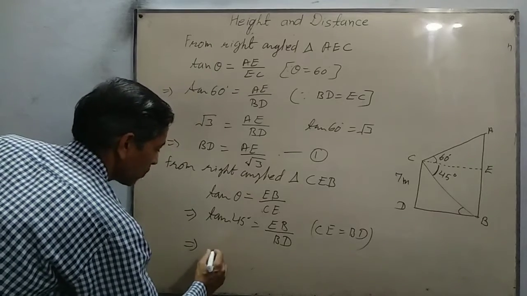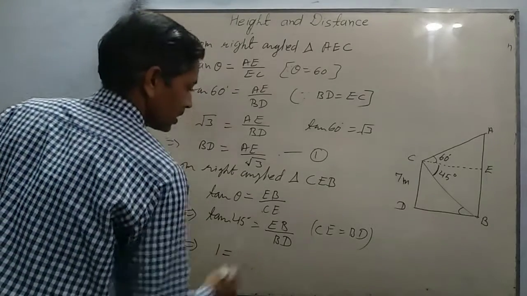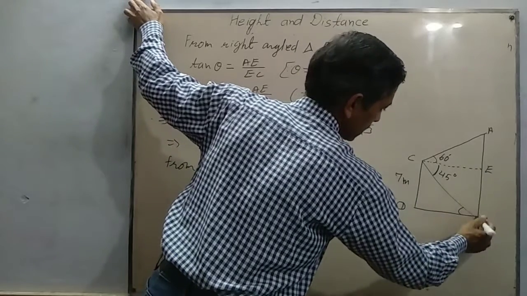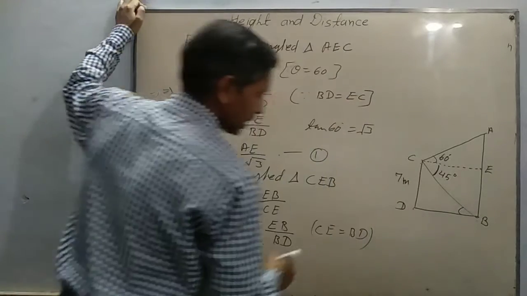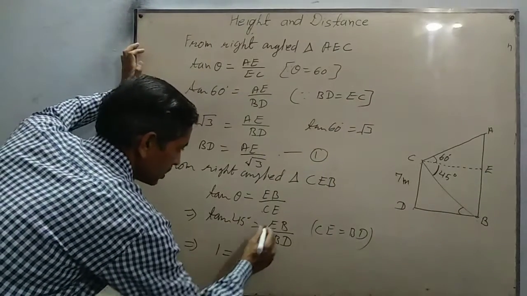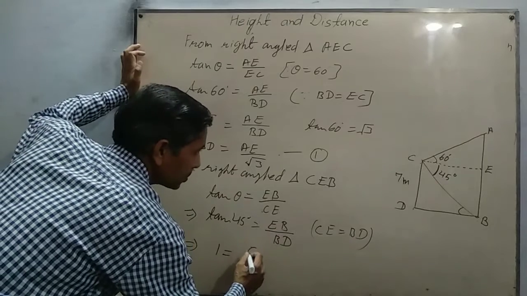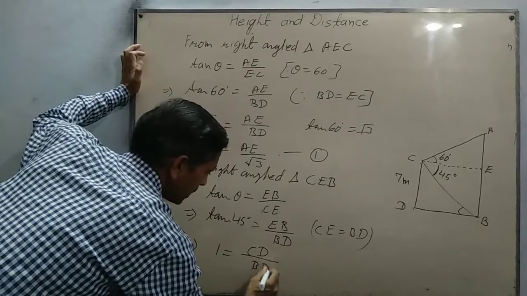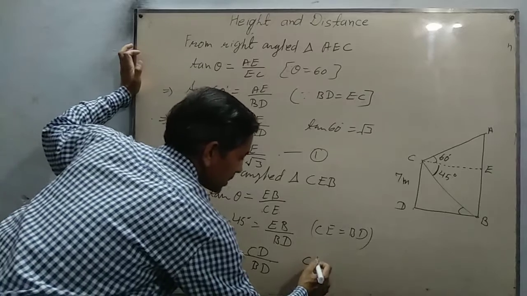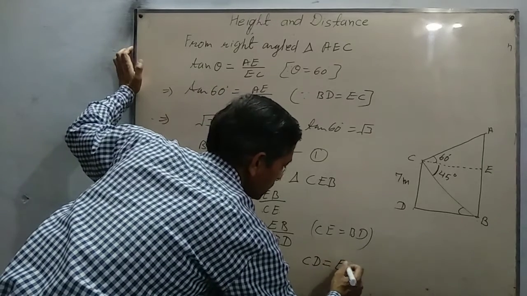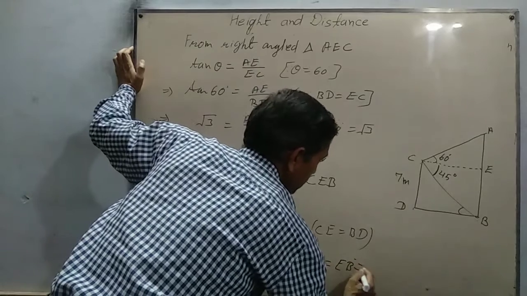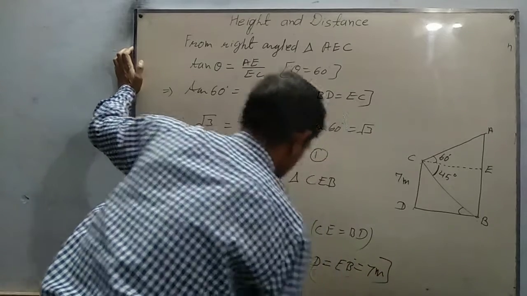Tan 45 is equal to 1 is equal to BE upon BD. BE and CD are equal, so EB is equal to CD is equal to 7 meter.